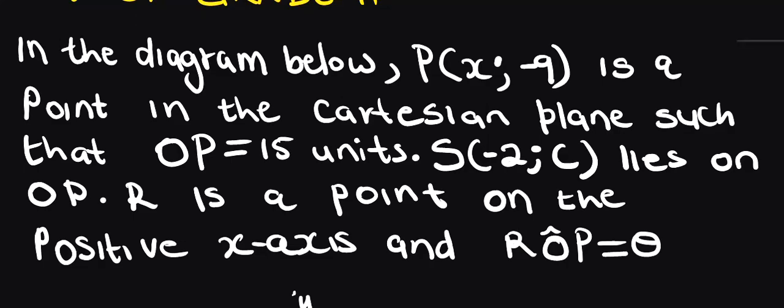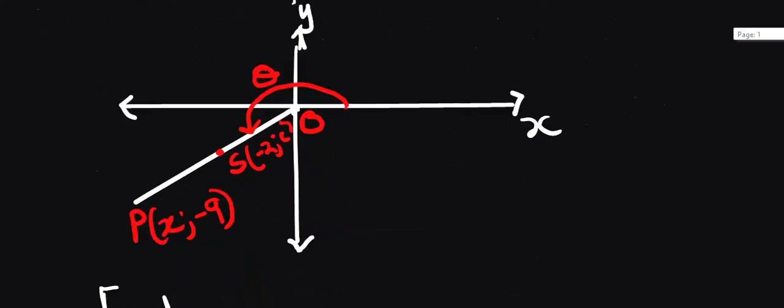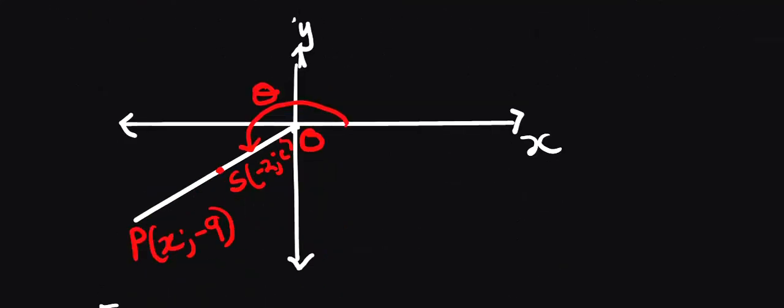Right, let's check the given information. Okay, we have the diagram. We have point P(x; -9), and then we have point S(-2; c). Then we have O, and we have our angle theta.